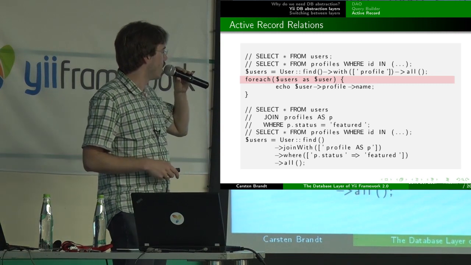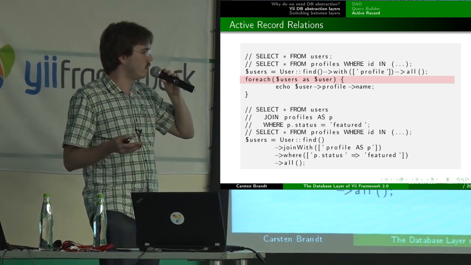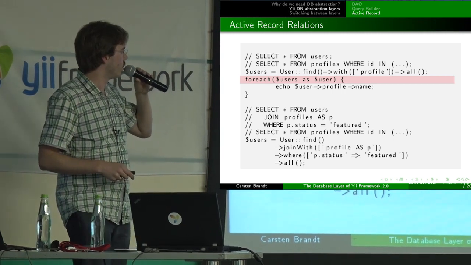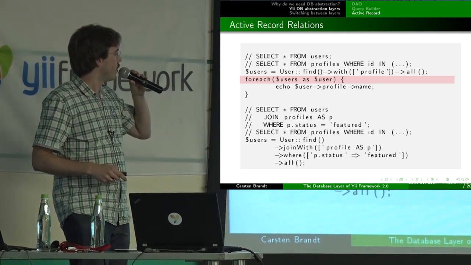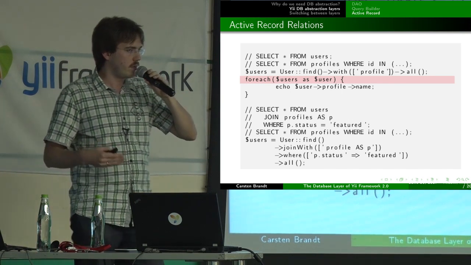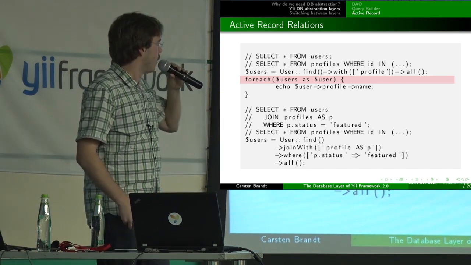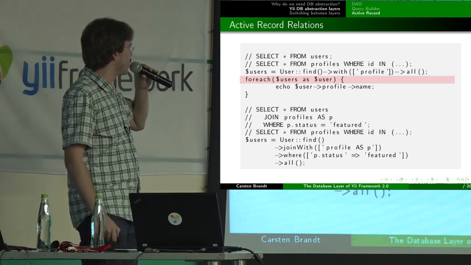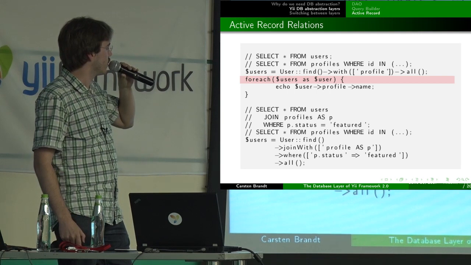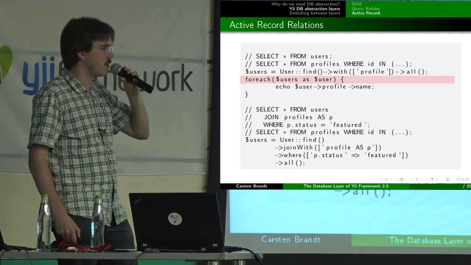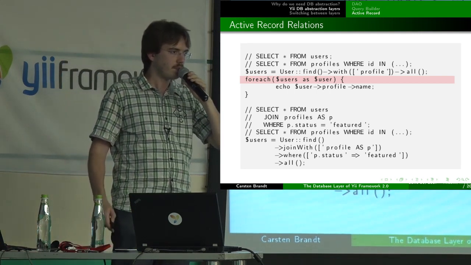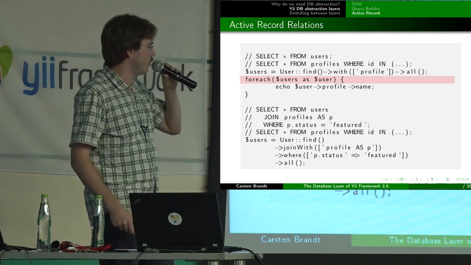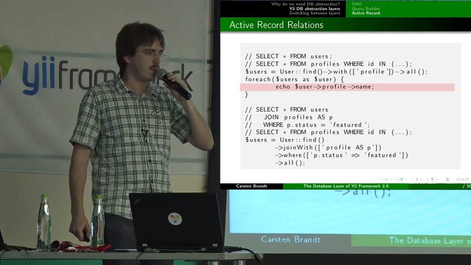So we have introduced this eager loading. We know that we want to work with the profile later, and so we specify that Yii should load all the related profiles that are related to the users that we have already fetched from the database. So we get two queries in this case. The first query is selecting the users, and the second is to select the profiles that are related to these users we got. And the relation is automatically populated. So in this line, we do not have any database query.